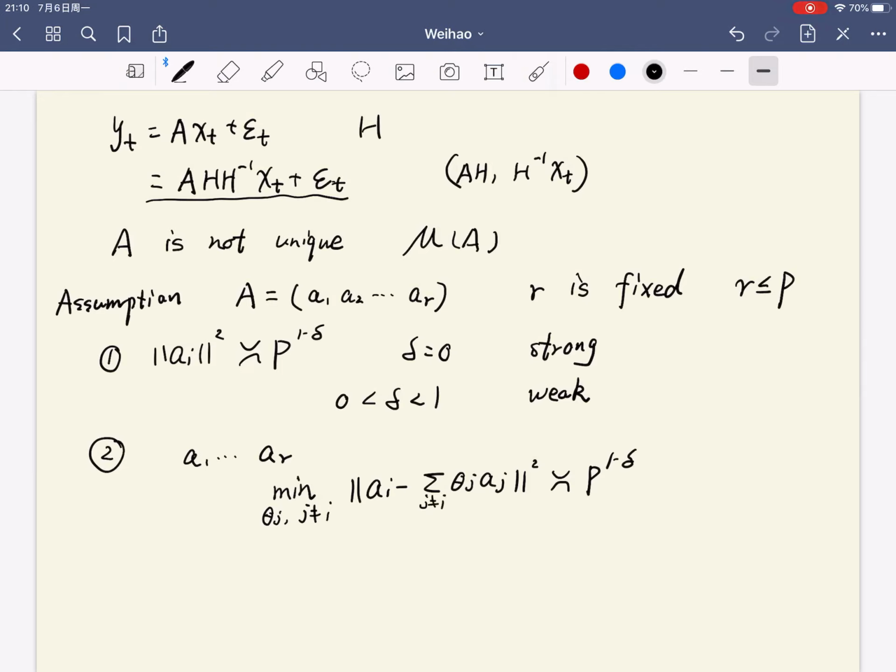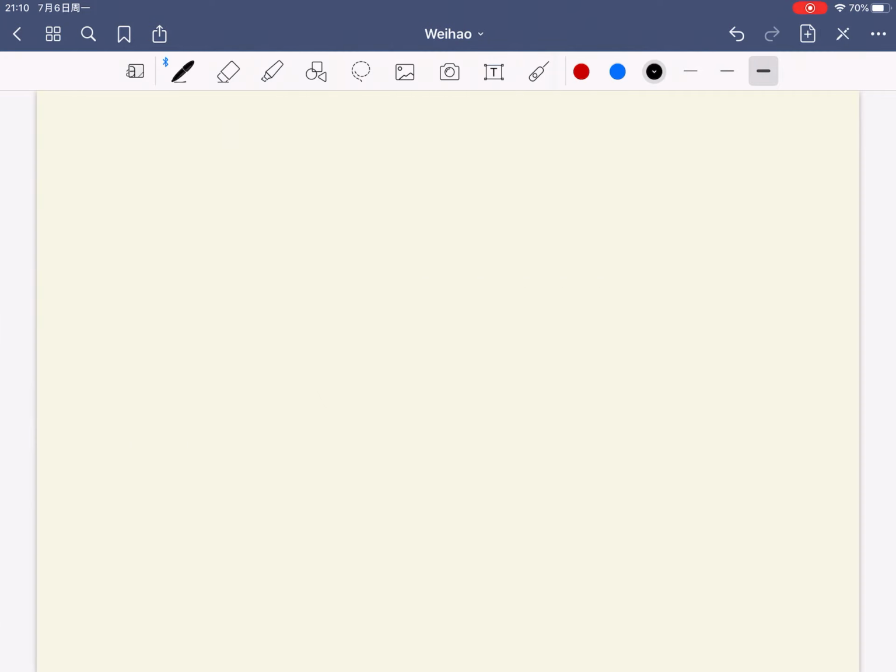This assumption means that any column in A cannot be replaced by other columns. It approximates orthogonality.